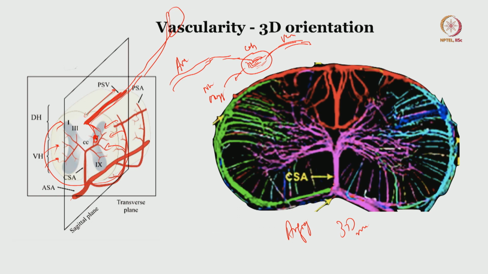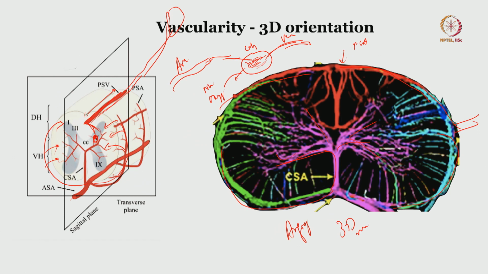You see how the artery divides within the substance of the cord and supplies it, and these are the multiple vessels which go around from the anterior spinal artery, and these are the posterior spinal arteries which come from the rootlets and then supply all around, and the entire cord substance is covered with the arterial arcade.